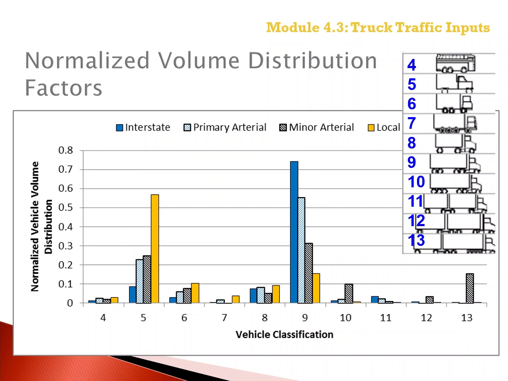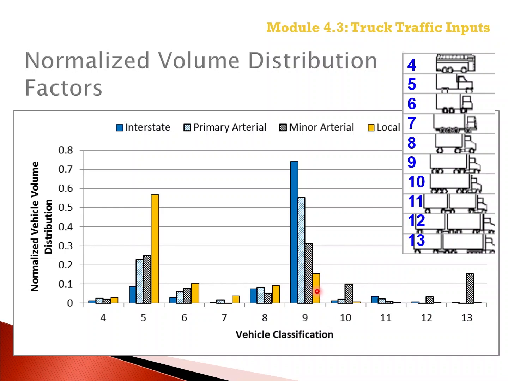Historically, vehicle classes 5, 9, and 13 have been used as the three primary vehicle classes to define especially the truck traffic classification factor. So what's shown on this bar graph is simply the interstates in the darker blue, primary arterial, which is the crosshatch, minor arterial, reverse crosshatch, and then the local collector routes in the solid yellow or orange bar.